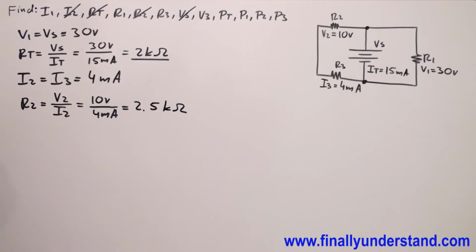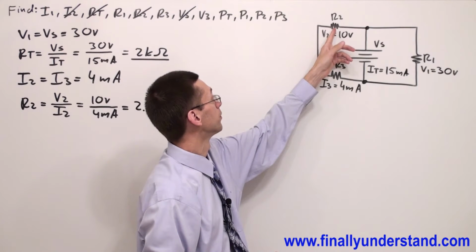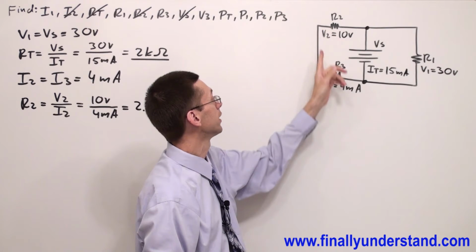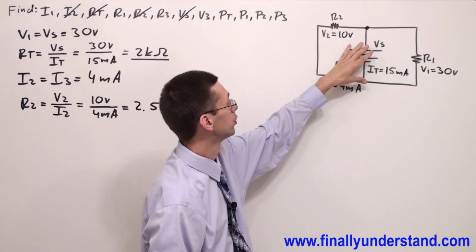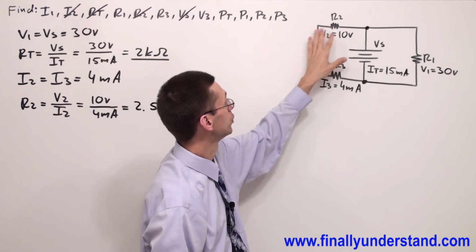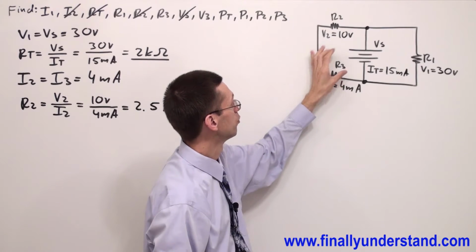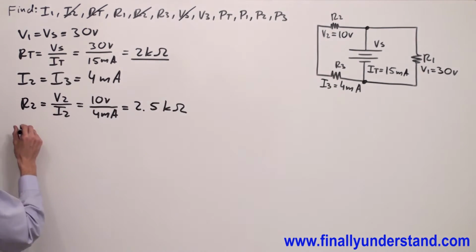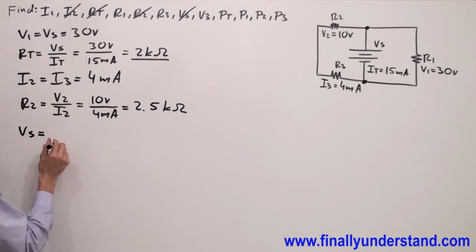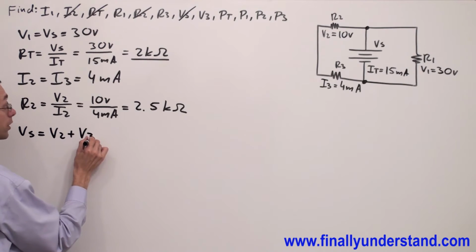Next, you're supposed to realize that the voltage drop across resistor R2 added to the voltage drop across resistor R3 will give me the voltage source. Why? Because these two resistors are in series. This voltage plus this voltage will give me the voltage source. Let's write this down. The voltage source is equal to V2 plus V3.